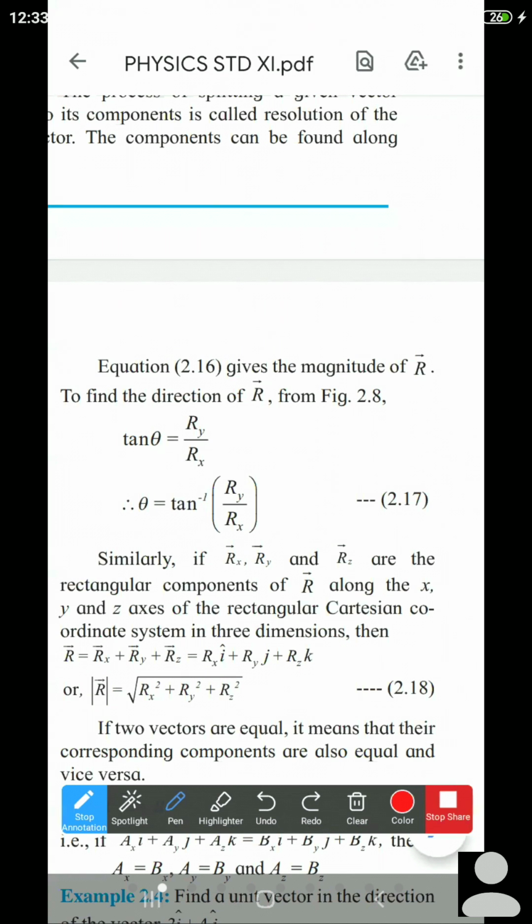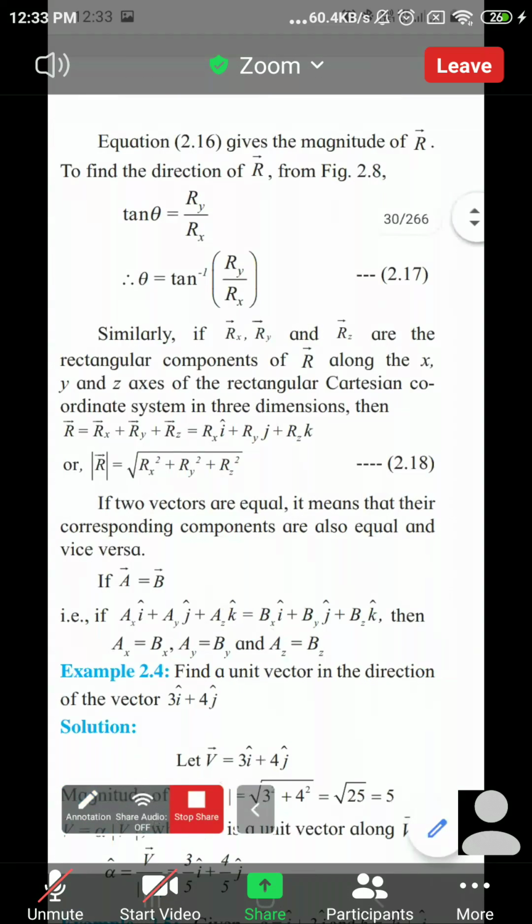And similarly we can find out the magnitude. Magnitude here written in the mod sign, mod R bar, or simply we can write R also. It is equal to square root of Rx square plus Ry square plus Rz square. ठीक है, ये हो गई रिजल्टेंट.